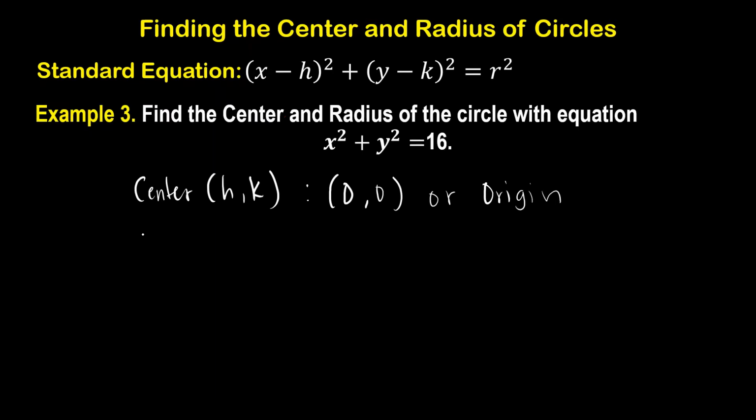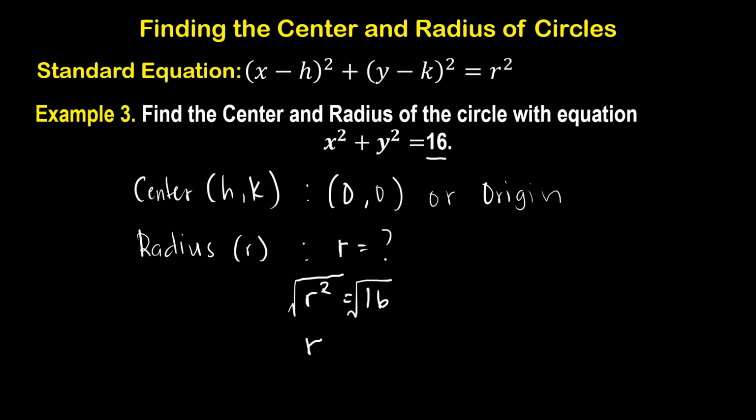For our radius, which is our r, we need to find the value of r. In this given standard equation, we can see that r squared is equal to 16. So to solve for r, you need to get the square root of both sides, and that gives us the square root of r squared is r, and the square root of 16 is 4.